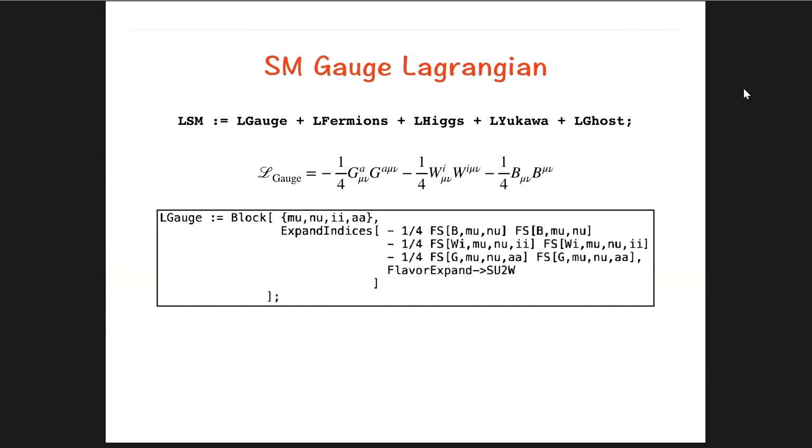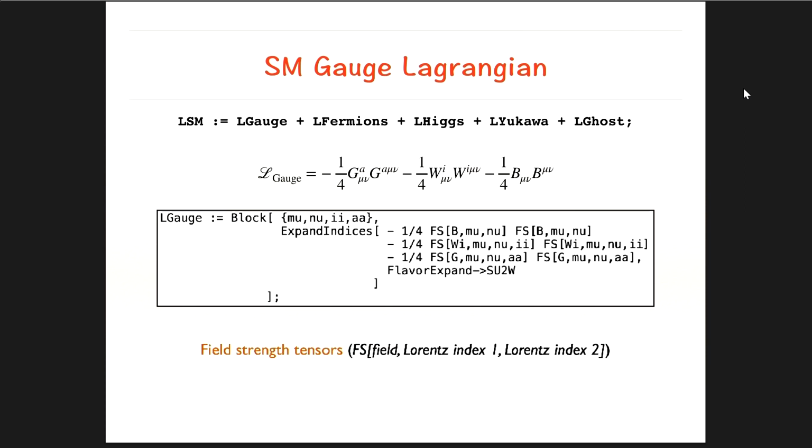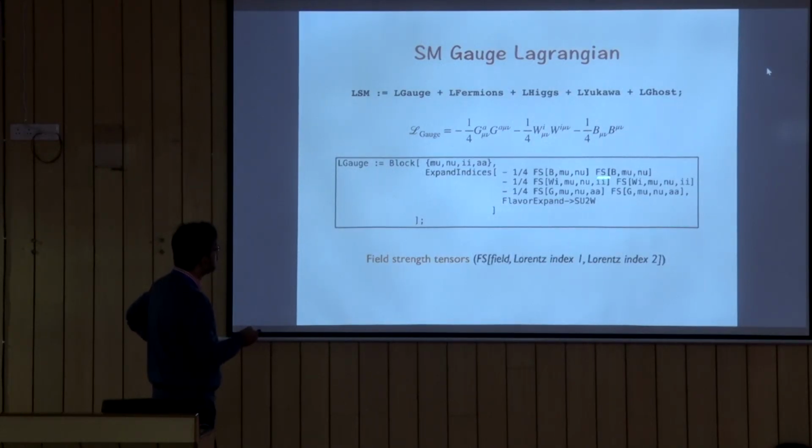You have the Lorentz indices mu nu, II is the index associated with this SU2W, and AA is the index corresponding to color, also in the adjoint representation. Then you expand indices writing -1/4 Fs B mu nu, Fs B mu nu, and in general this Fs defines the field strength tensor. So the generic notation is field, Lorentz index 1, Lorentz index 2.